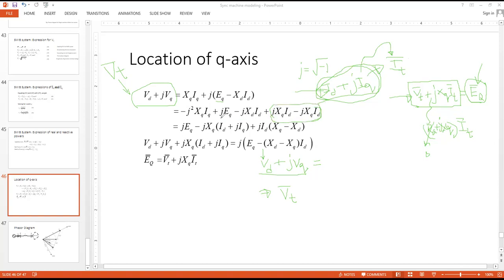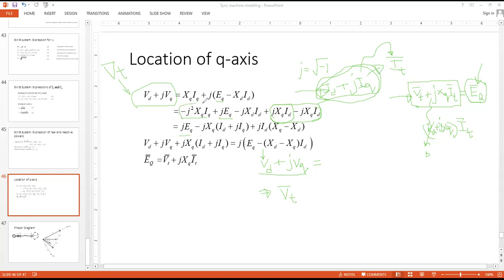So now let's see. We bring JEQ first, minus JXQ. So we take JXQ from here and JXQ from here. You group them and you find that if it is minus JXQ, then you can have minus JXQ ID minus J squared XQ IQ.